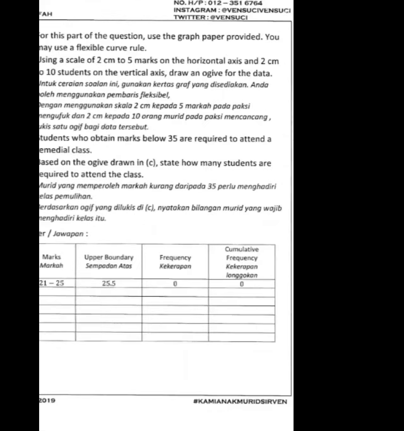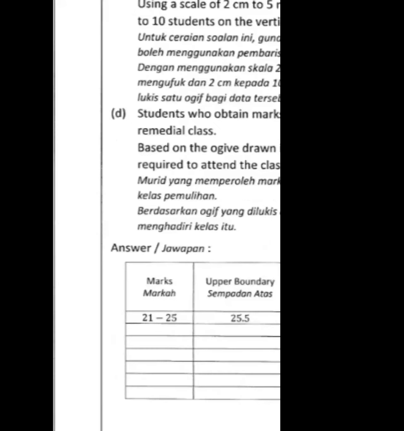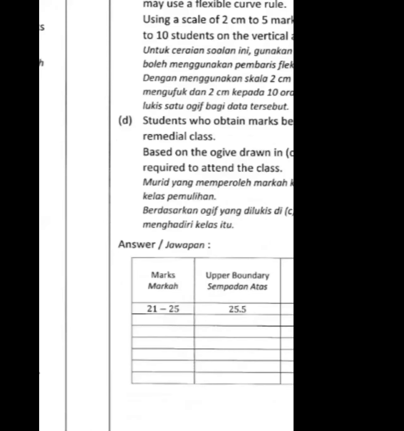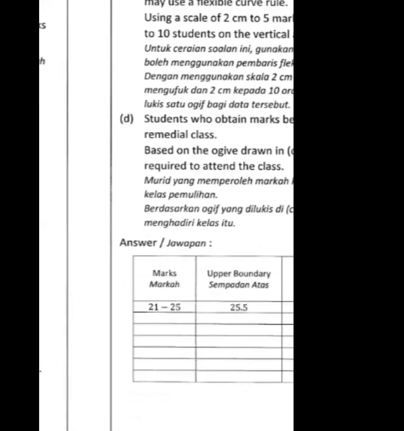As for the marks, like what I said just now, it is just a class interval. Always need to know the range of the class interval if you want to find the class interval. For the first column, they already give you 21 to 25, and the range is 4, because the difference between 21 and 25 is 4.